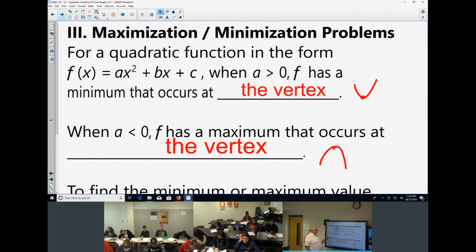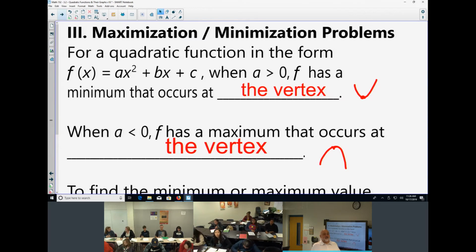If a is less than 0, that means the parabola opens down, and f has a maximum that occurs at the vertex.